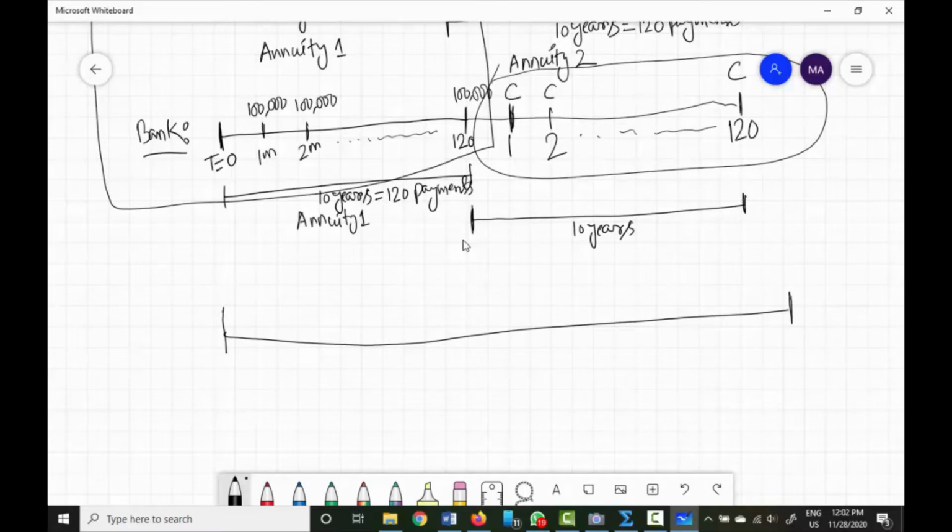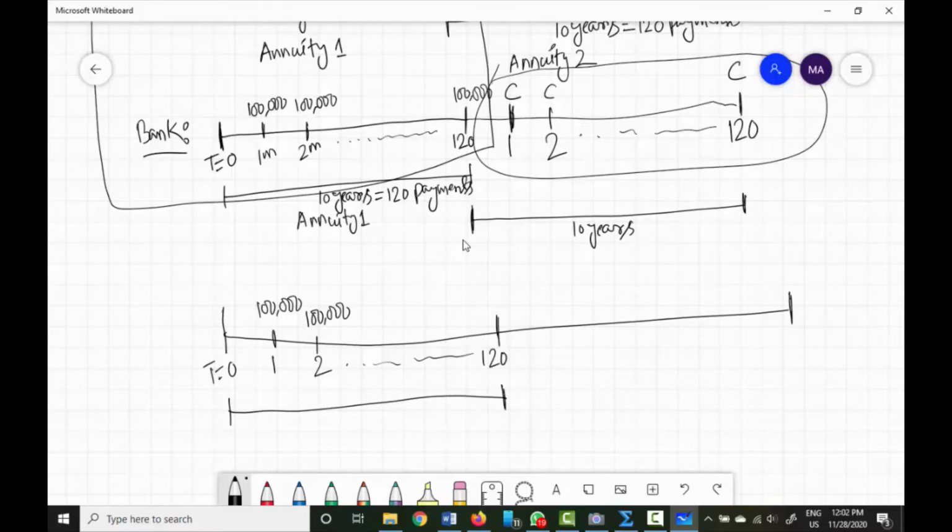Up to 10 years you are depositing. Today is period 0. After 1 month you will deposit 100,000 taka. After 2 months you will deposit again 100,000 taka, and that way a total of 120 payments.